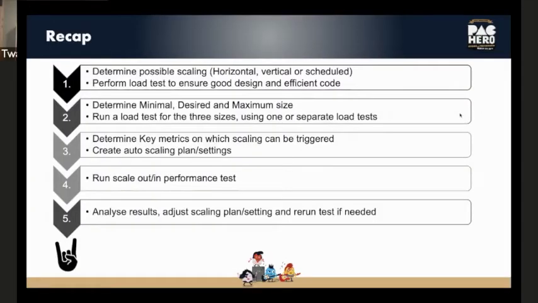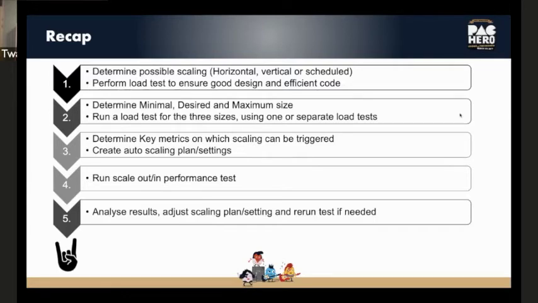First, determine the possible scaling scenario possibilities. How can I scale my application? Can I do horizontal, vertical, or only scheduled? Do a load test on the application to ensure that it's top notch. So the design is good, the code is really efficient, and there aren't any obvious bottlenecks which need to be fixed before applying autoscaling.